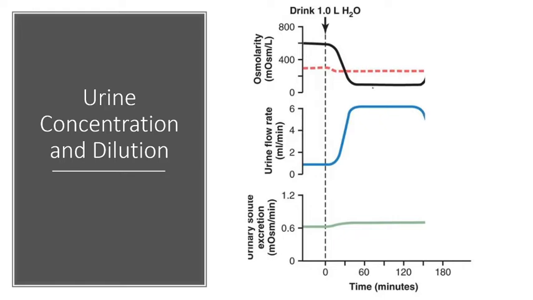Although the concentration drops, the amount of solutes having to leave does go up slightly. With the higher flow rate, you are going to lose a tiny amount more solutes, but the concentration of that urine is going to be low, and over the course of 3 or 4 hours, things will correct themselves.